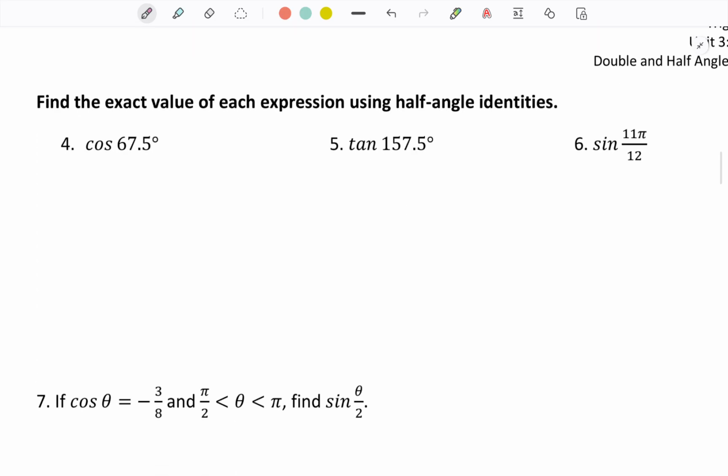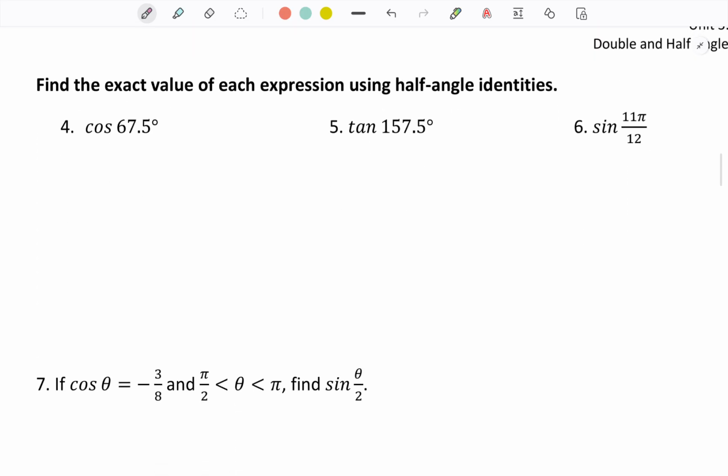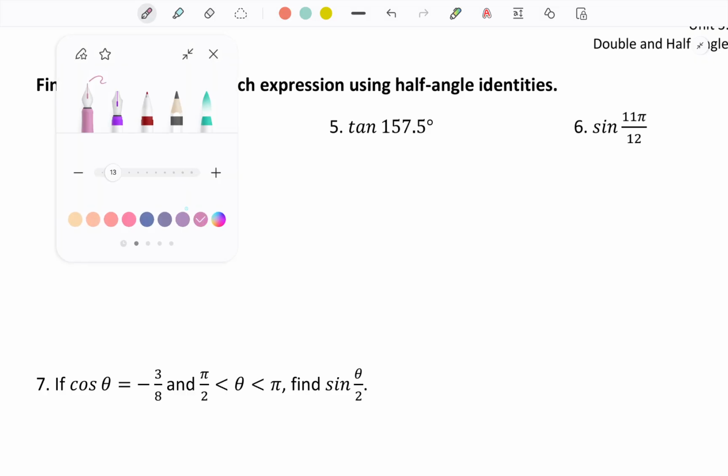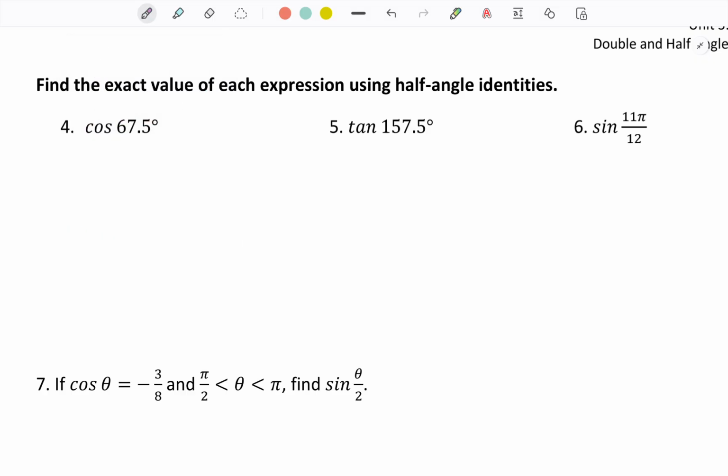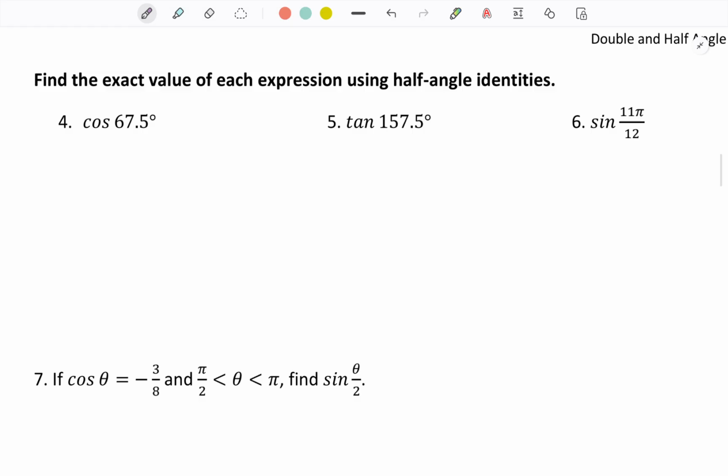So let's go ahead and find the exact value of each expression here so we can figure out how to use these half angle identities. So first we need the cosine of 67.5. So I'm going to express 67.5 as a fraction, and notice it's 0.5.